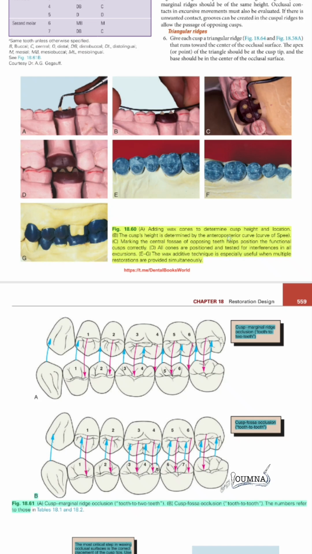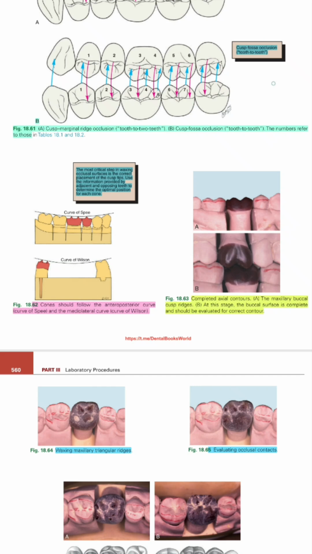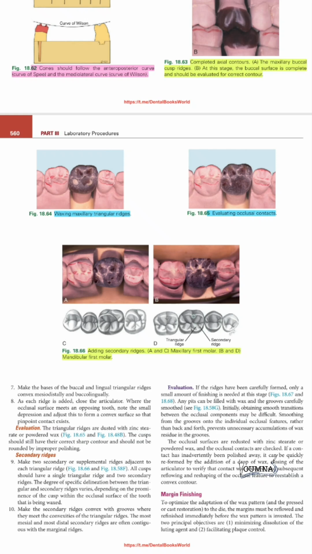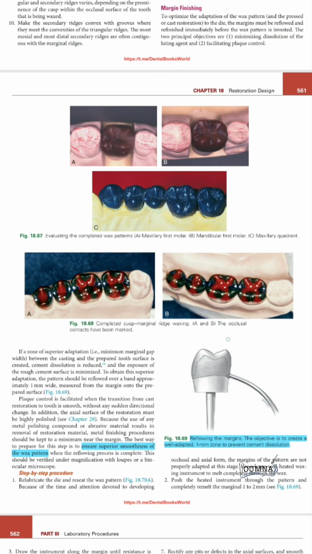So we add wax cones to determine the cusp height and their location to get the appropriate height. We mark the central fossa of the opposing teeth to help position the functional cusps correctly. These are the triangular ridges. The final wax pattern must be smooth.